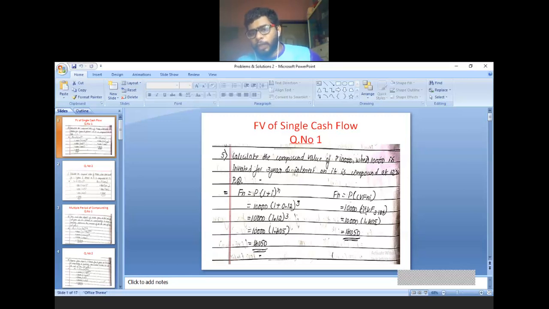Or else you can refer to the CVF table for 3 years at 12 percentage. What is the calculated figure you have taken? The same table value you can find. So 1.405 multiplied with 10,000, that is 14,050. Same answer you will get.